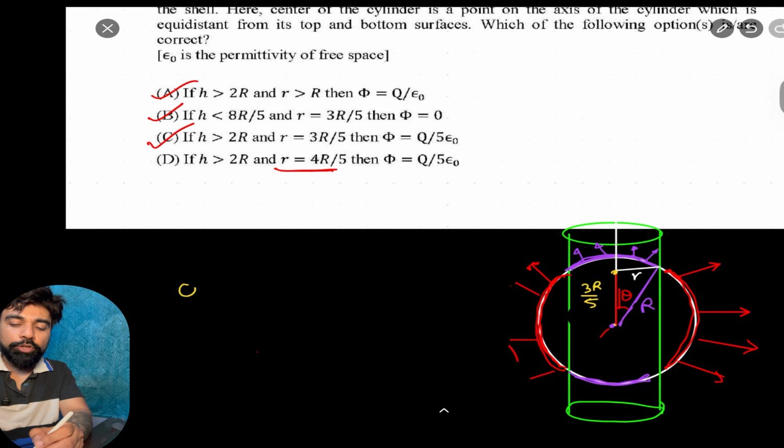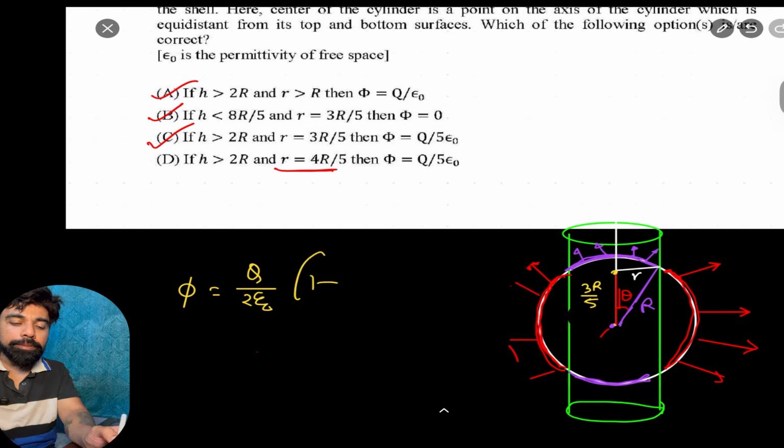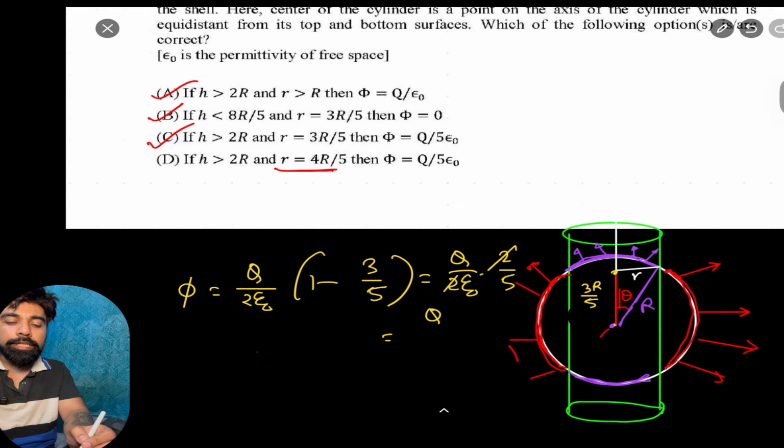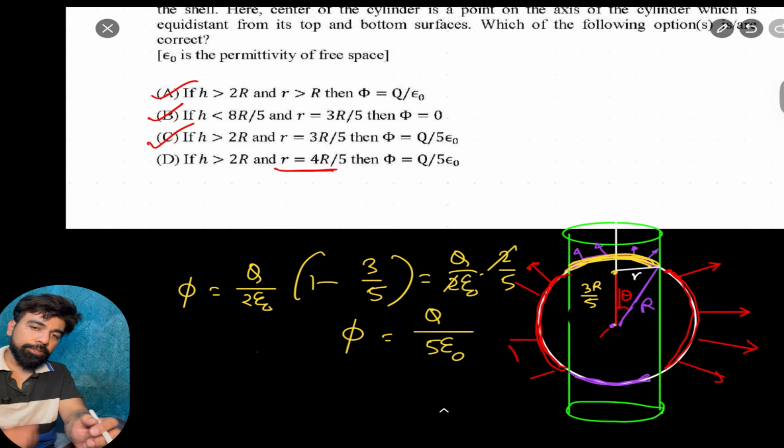The flux is going to be q by 2 epsilon naught into 1 minus cos theta. But now what will be the cos theta value? 3 by 5, so it is q by 2 epsilon naught into 2 by 5. Cancelling it out, it is coming as q by 5 epsilon naught. So the flux through the upper northern part of the spherical cap is q by 5 epsilon naught.